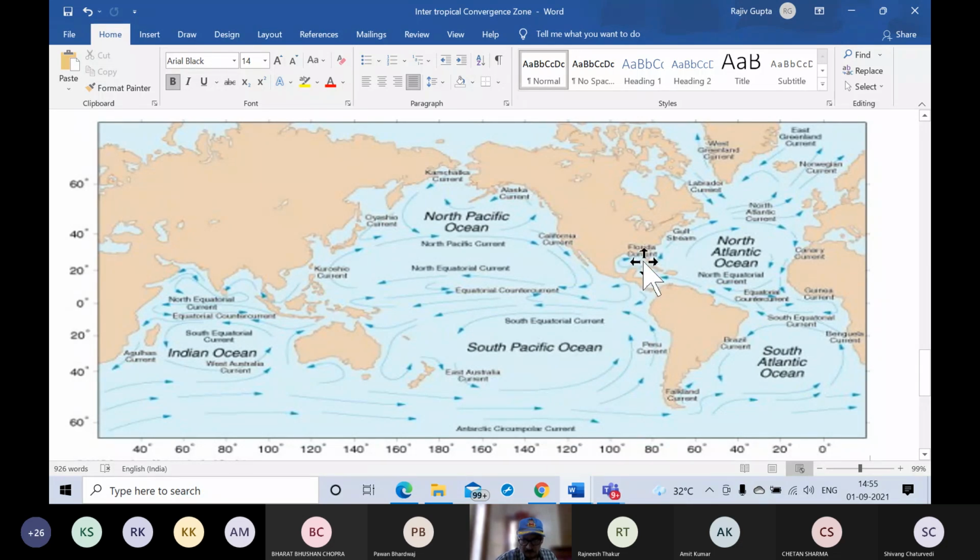The Florida Current, the Gulf Stream, flowing like this, is frequently used in passage from Florida towards Europe. Crossing the Atlantic, the Florida Current or Gulf Stream is used so that you gain speed. And the speed variation could be nearly 4 to 5 knots more than normal speed.